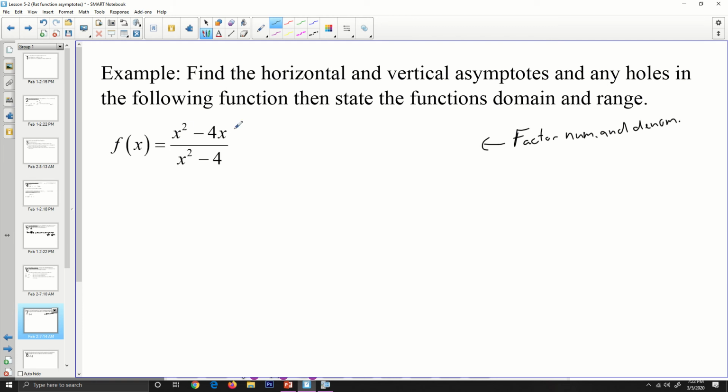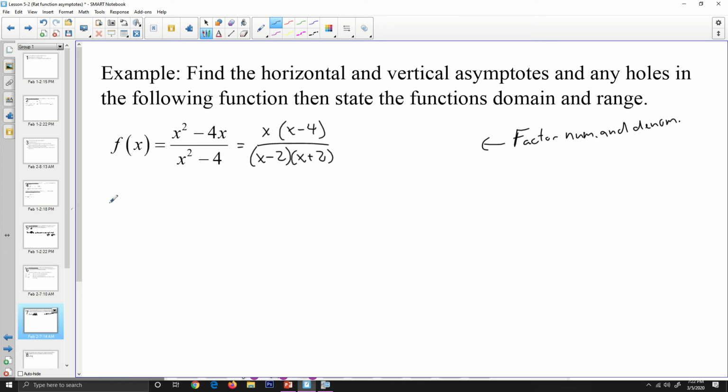And the only thing that's common here is an x. So this thing factors to x times x minus 4. And this is a difference of squares. So I've got x minus 2 times x plus 2. And I'll notice that I have no factors in the numerator that cancel with factors in the denominator.